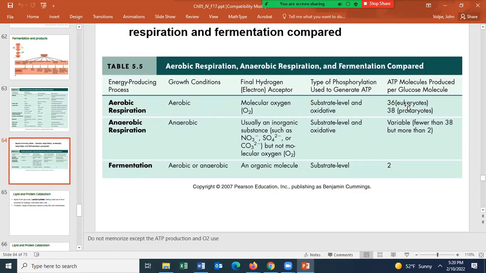In aerobic respiration, we generate either 36 or 38 ATP molecules. In anaerobic respiration, it depends on which anaerobic respiration we use, but it's some number between 2 and 36 ATP molecules. And in fermentation, you only generate 2 ATP molecules, and all of these are made by glycolysis.